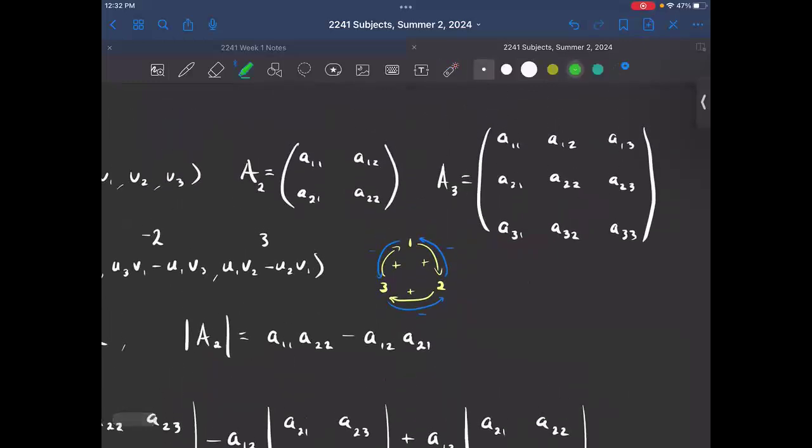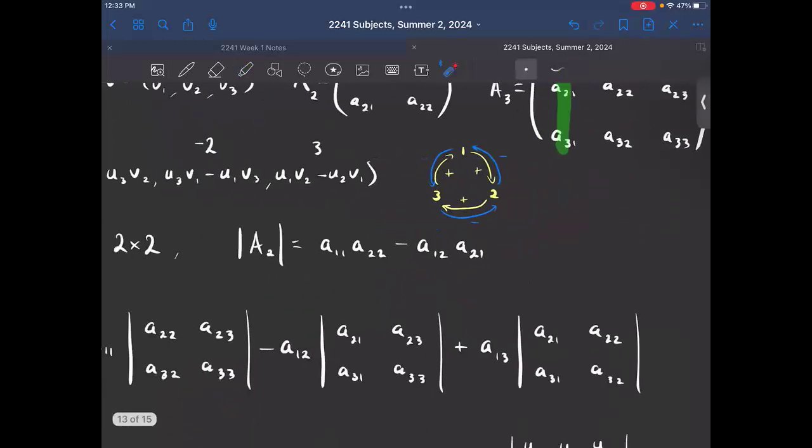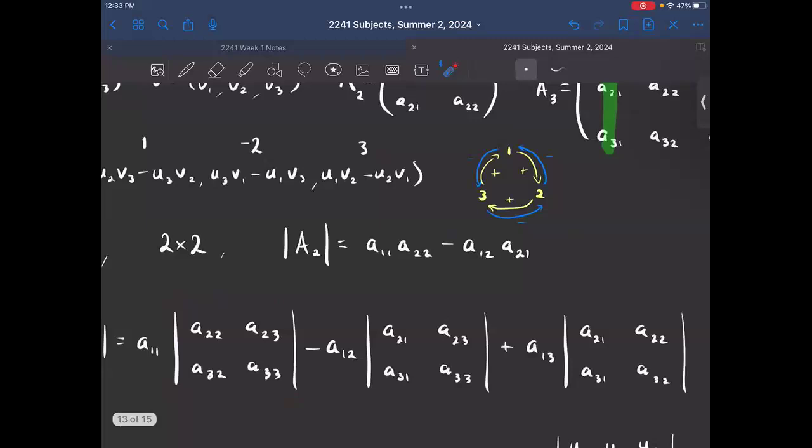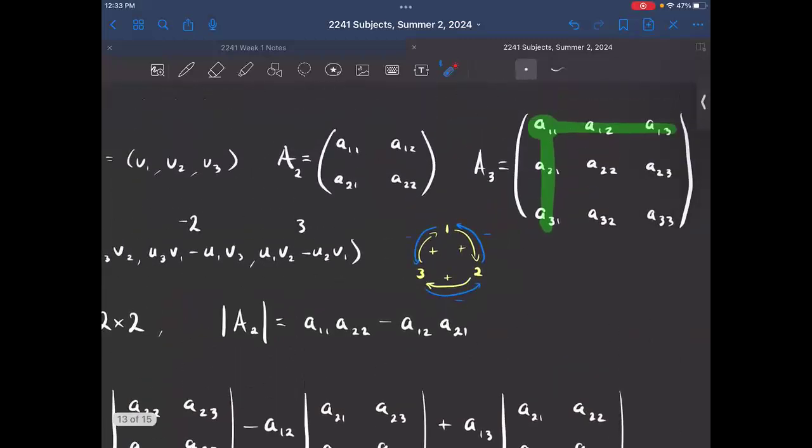What we do is we say, all right, highlight A11 and everything in the row and column corresponding to that. Everything in the first row and the first column, highlight it, cross it off. What remains down here, that is the matrix that you put as the determinant factor of that first term over here.